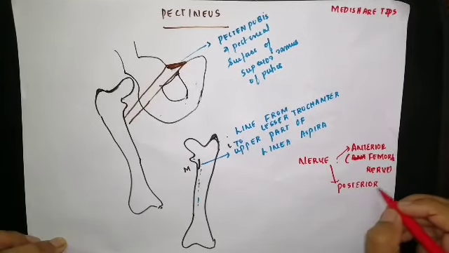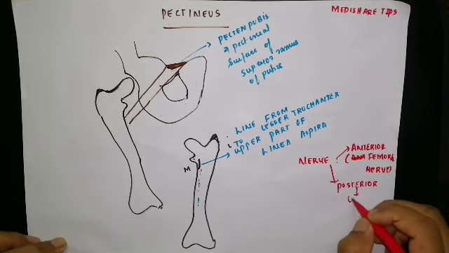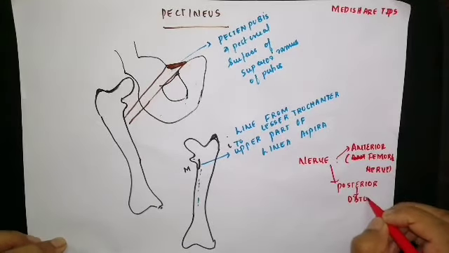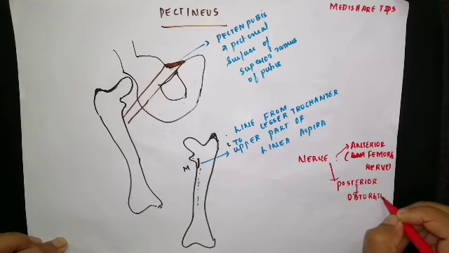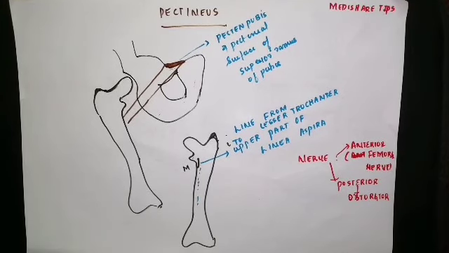The posterior fibers are supplied by the posterior division of the obturator nerve. So this is a muscle having dual nerve supply, a hybrid or composite muscle.